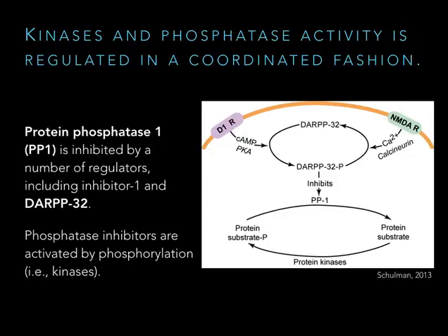The reason for this is that if you're activating receptors that are going to cause phosphorylation, you can amplify that signal by inhibiting the phosphatases that are there to inhibit phosphorylation. So whenever cellular signaling is shifting towards phosphorylation, this can be amplified even further by turning off phosphatases and vice versa.